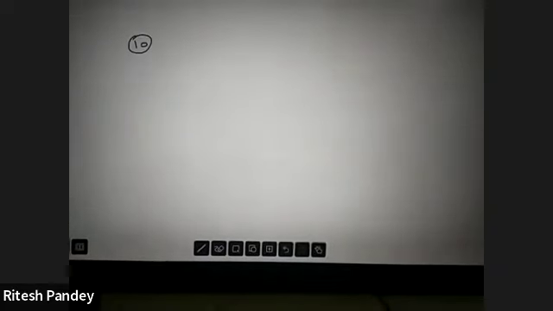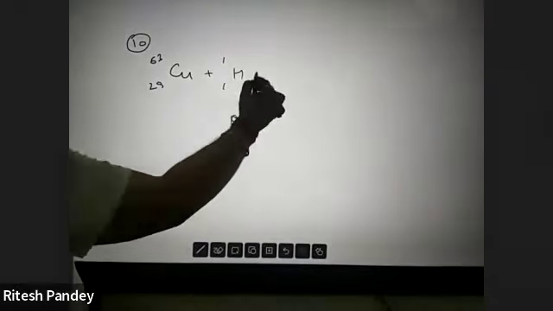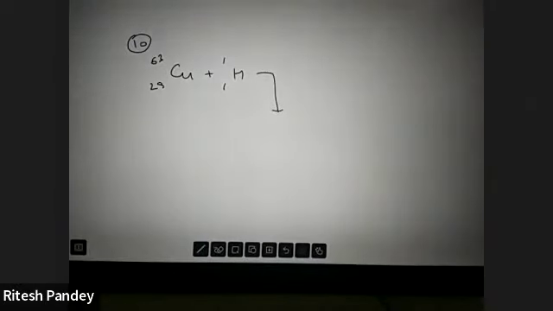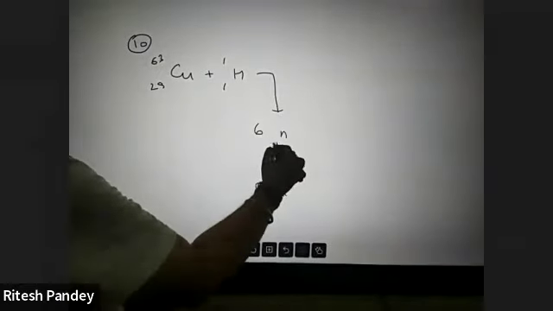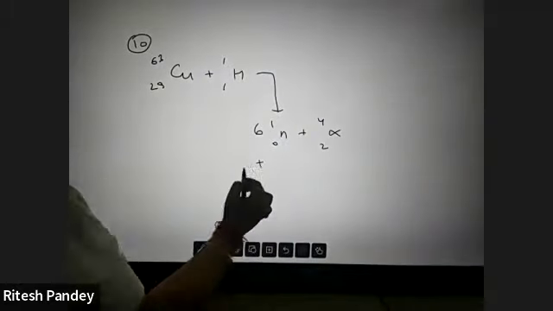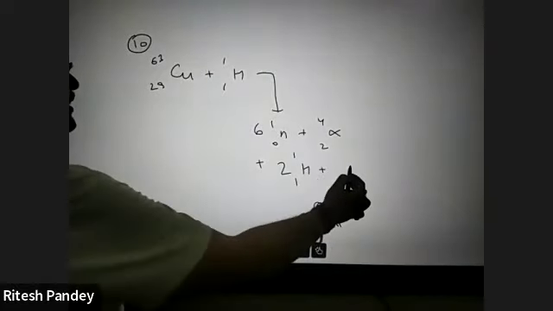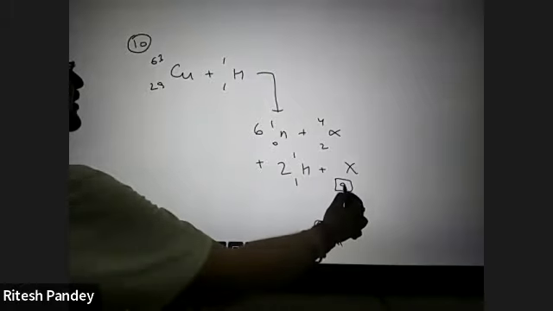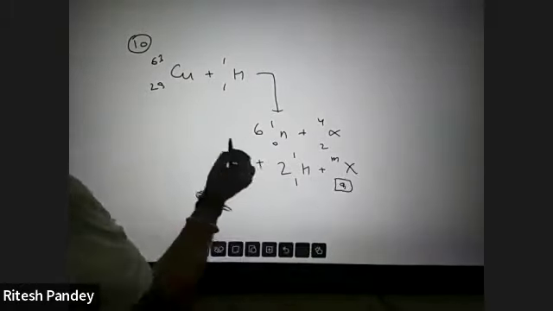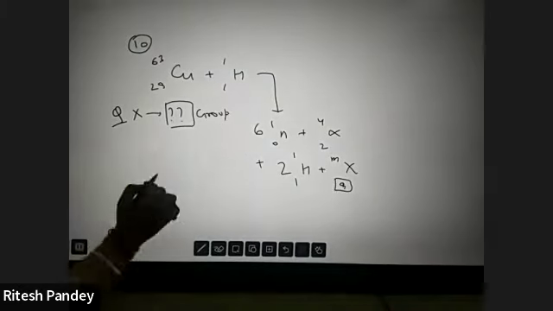A particular radioactive change is given: copper 29-63 with a proton gives 6 neutrons, 1 alpha particle, 2 protons, and X. So I have to find A, to find which group X belongs to in the periodic table.